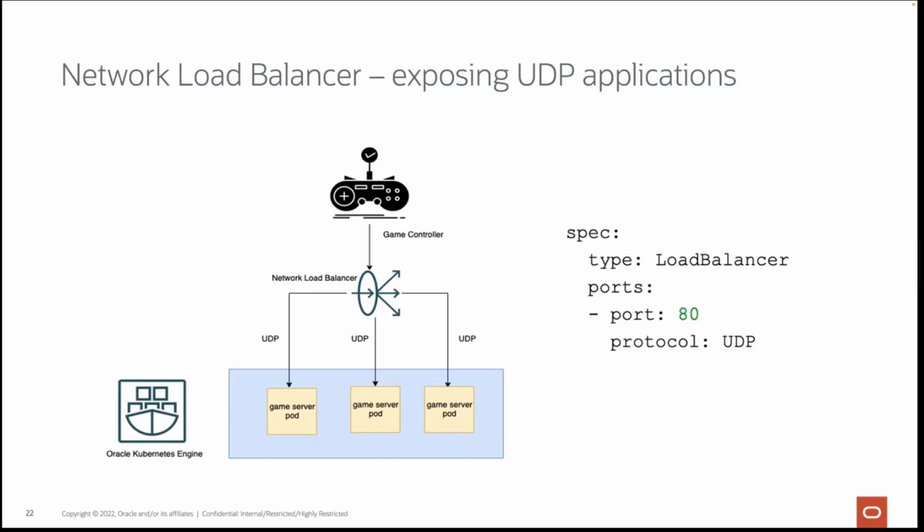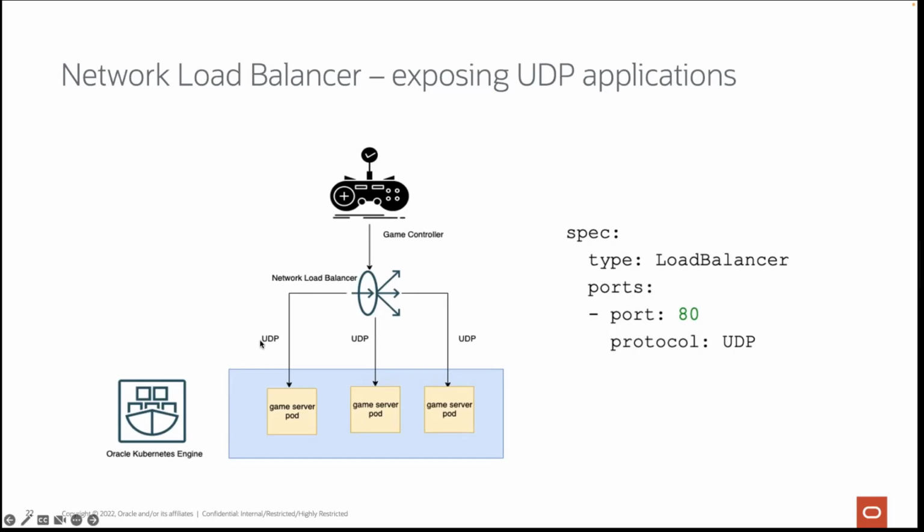Since we support the UDP protocol in our network load balancer, you no longer need to maintain a fleet of proxy servers in front of your Kubernetes cluster to ingest UDP traffic. Instead, you could use the network load balancer for both TCP and UDP-based traffic.